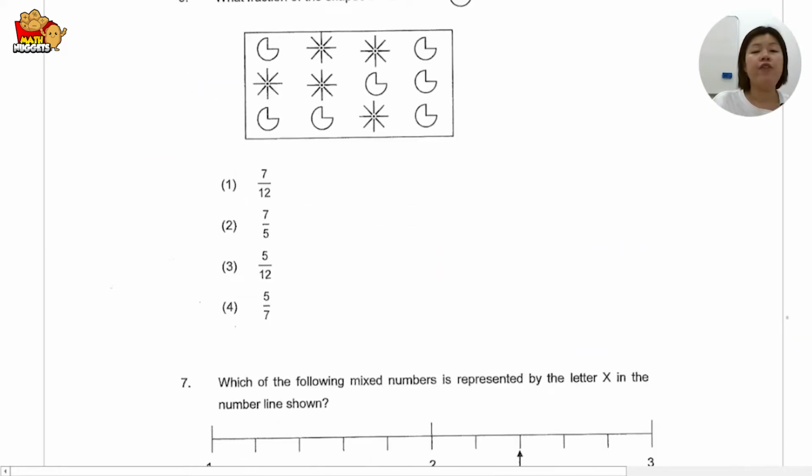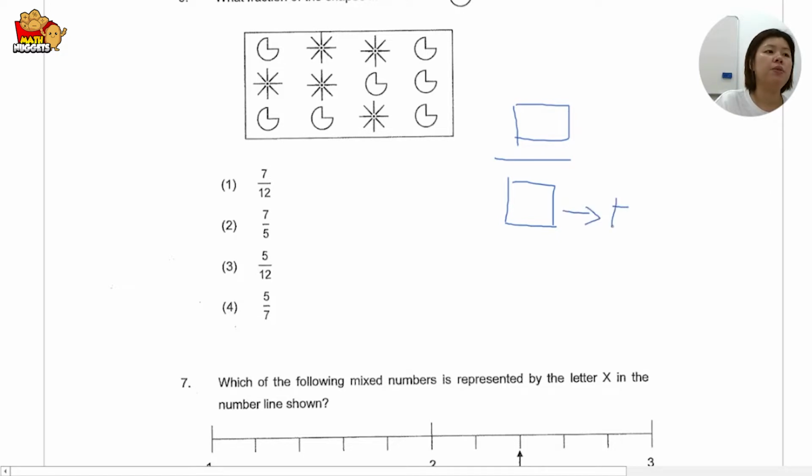Next, fraction now. They're asking what fraction of the shapes in the box are a 3/4 shape. Looks like a Pac-Man. So this Pac-Man looking shape, I want it in fraction. So please always remember fraction, there's a numerator and denominator. Recall our denominator is always our total.